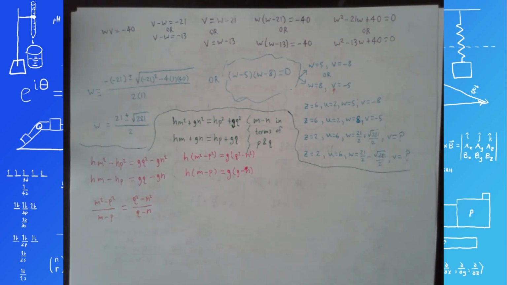And if you're looking at the numerators there, those are differences of squares. You can factor that.